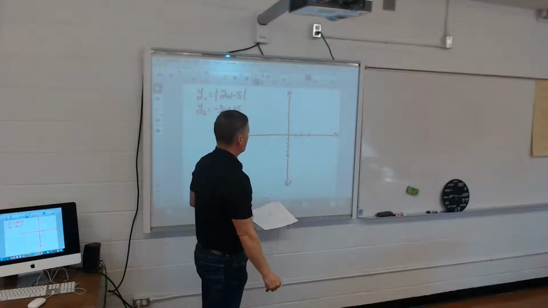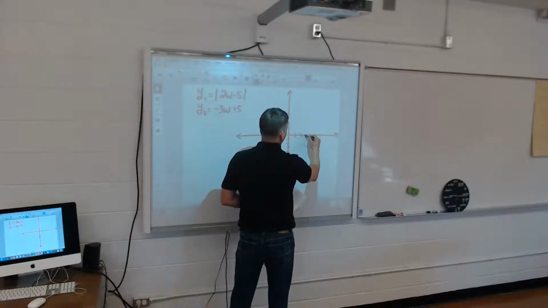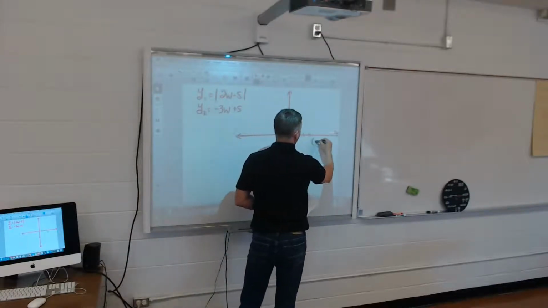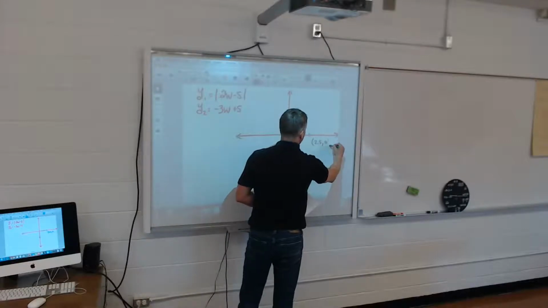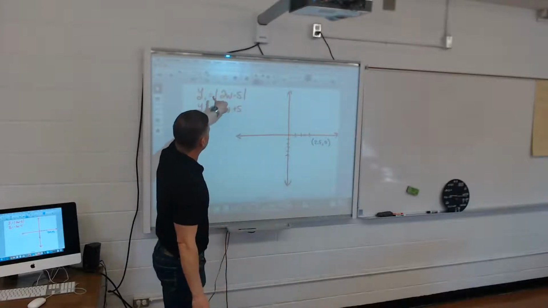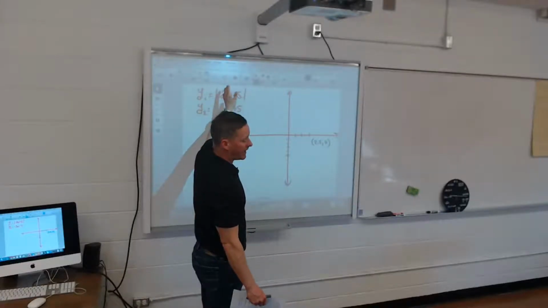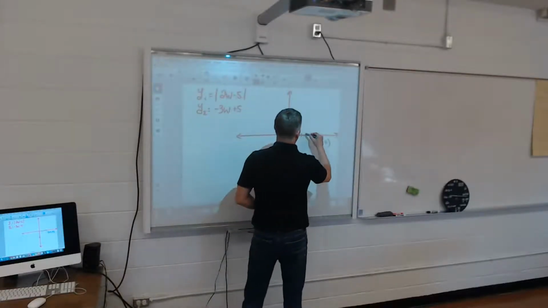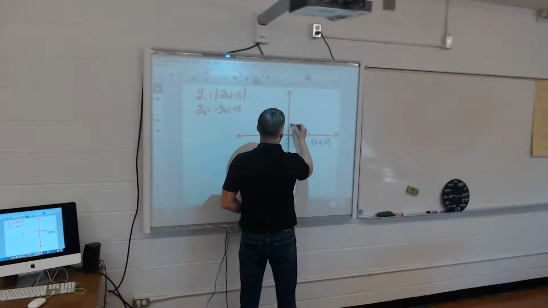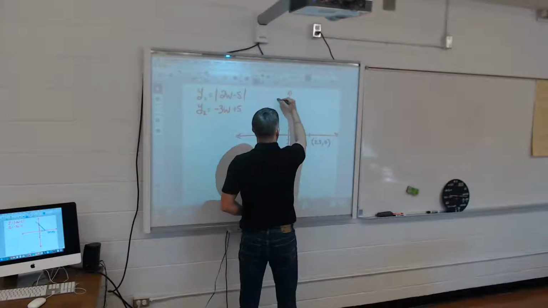So this coordinate right here is actually 2.5 and 0. If I put 0 in for y and add 5, whatever, the long and short of it is I end up with this 1, 2, 3, 4, and 5 right here.